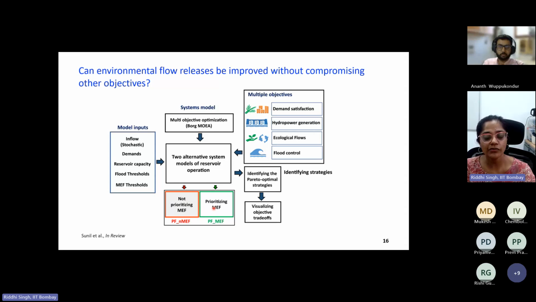So we've been trying to ask the question, is it possible to prioritize the minimum releases for the environmental flows and then do all the other releases, and not showing any results here. But what we found is that depending on the nature of the reservoir, you may just need to tweak the operation and you will be able to prioritize environmental flow with minimal impacts on the other objectives. So it depends on the reservoir type.